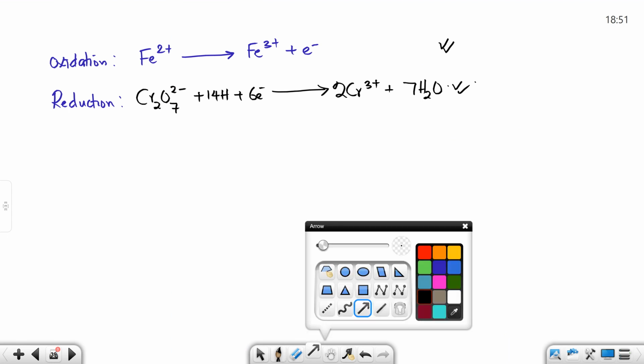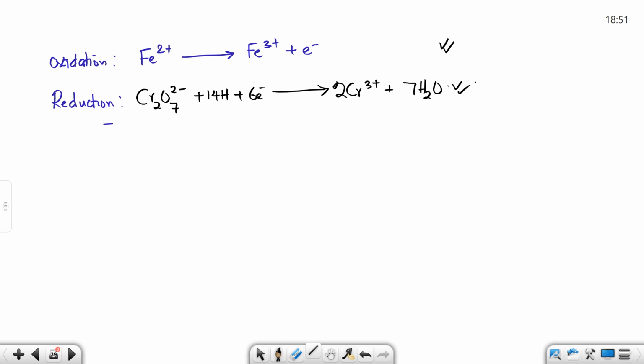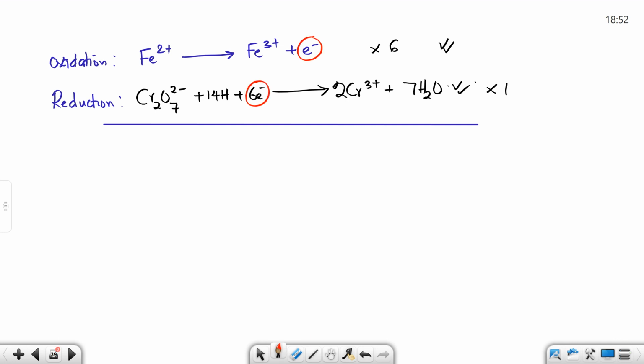What do we want? We want to balance. Do we know how to balance? The electrons must be the same. And for me to have the same electrons, what do I do now? Multiply. I'm going to multiply this one by 6 and then multiply this one by 1. Somebody's saying, but where is the 6 and the 1 coming from? 6 electrons and 1 electron.